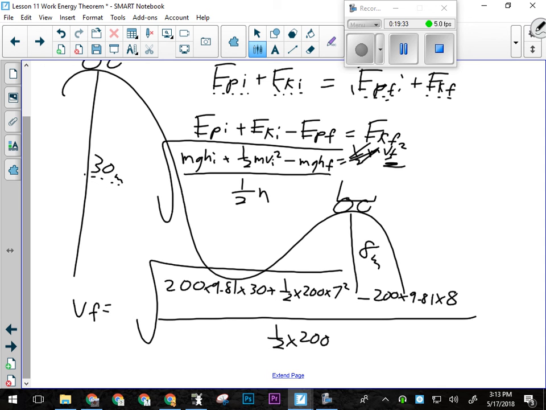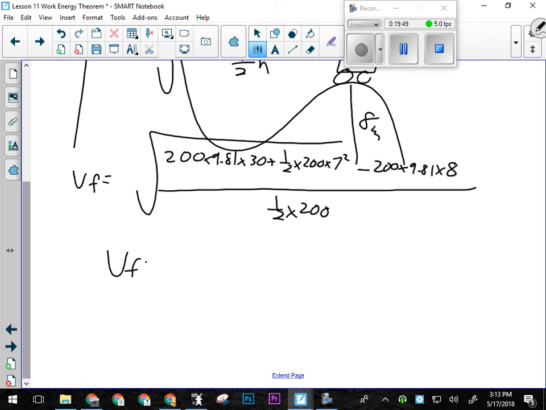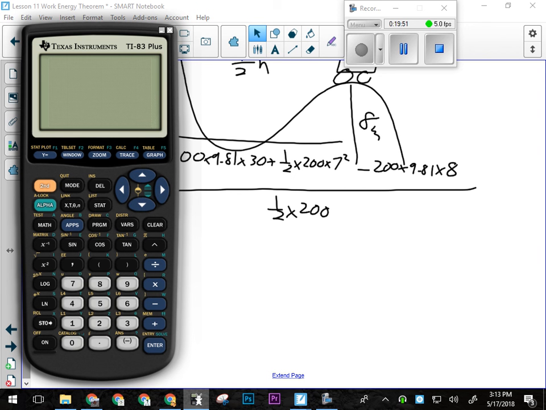M is in every single one of these terms. You could actually cancel m all the way off and not even have to have it in there, right? If you're comfortable with that, you can do it. If you're not comfortable with it, leave it in there. It doesn't change the answer. You'll get the same answer no matter what. Okay, so now I've got all of that stuff entered in there. I just need to calculate what it comes out to.